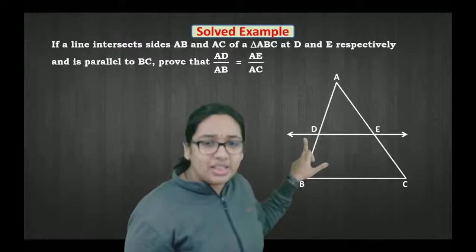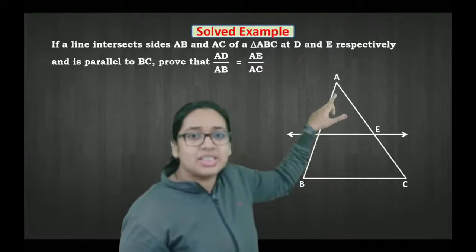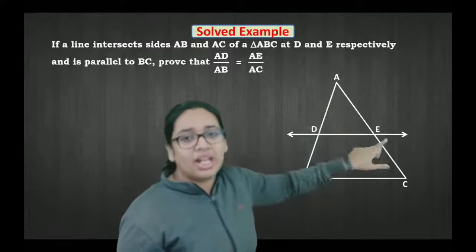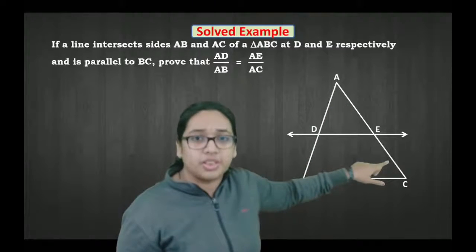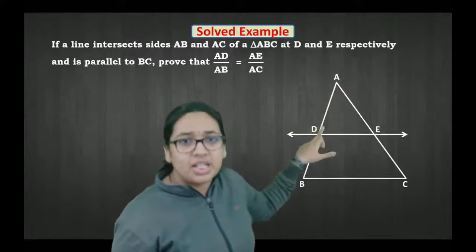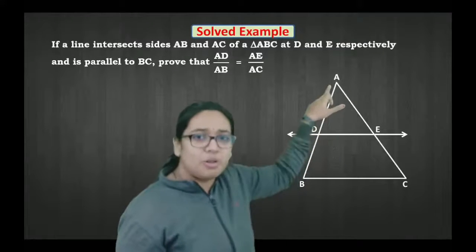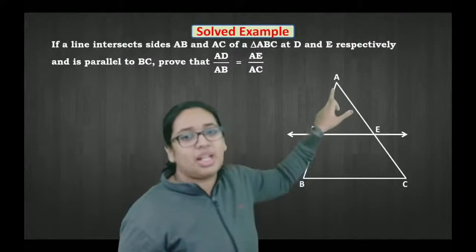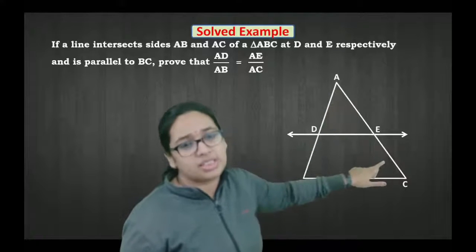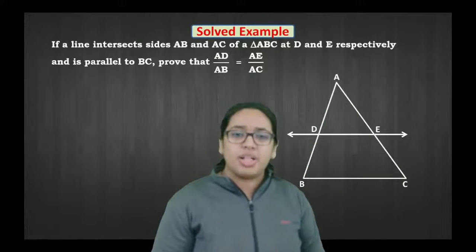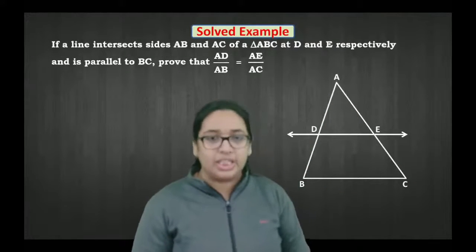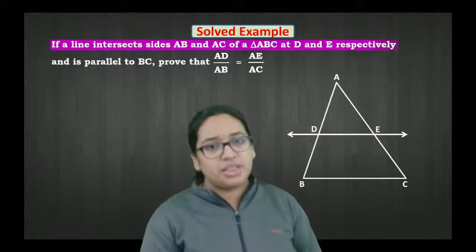This line divides the sides AB and AC in proportion. That is AD upon AB is same as AE upon AC. You have to talk about this ratio. Getting this one? Is it understood?